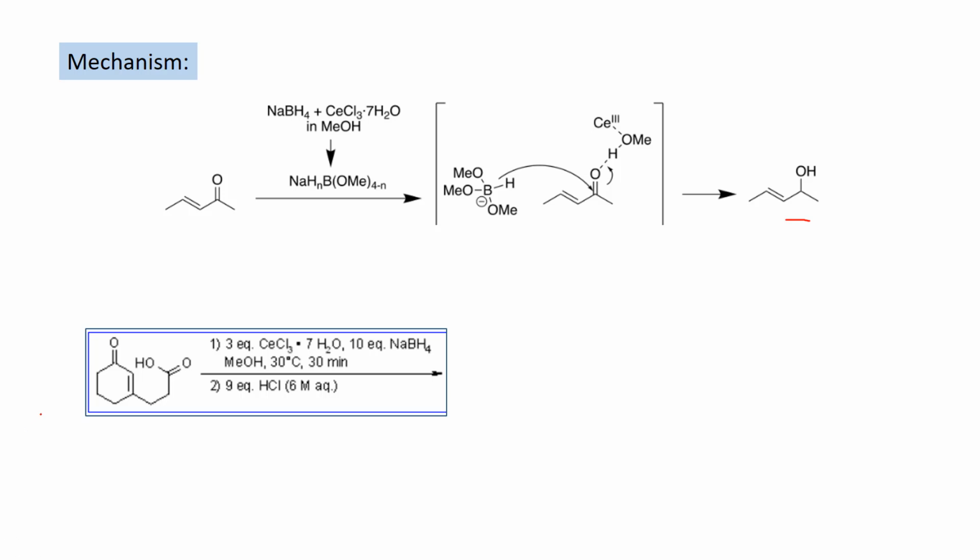So what will happen? In this case, there is an alpha-beta unsaturated ketone. Luche reduction is selective towards the alpha-beta unsaturated ketone carbonyl, so it will just reduce it, forming OH.